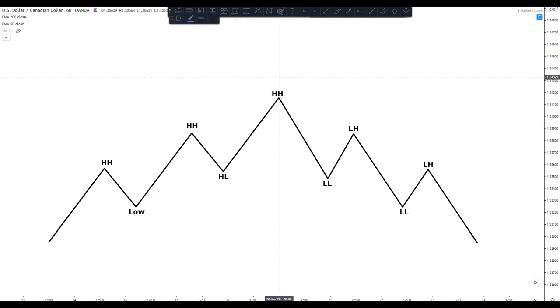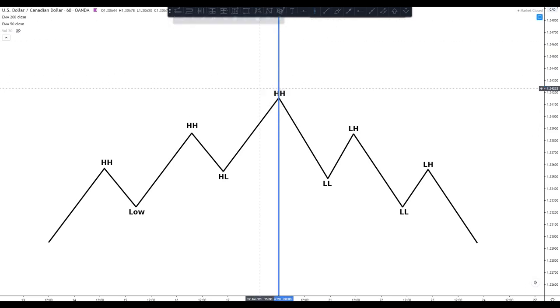All right, and we're going to divide this into the uptrend and the downtrend. So an uptrend, we need to define what an uptrend is. Well, in order for price to move upwards, price has to be making higher highs and higher lows. Because if price was making lower lows, then we couldn't say price is moving upwards, right?